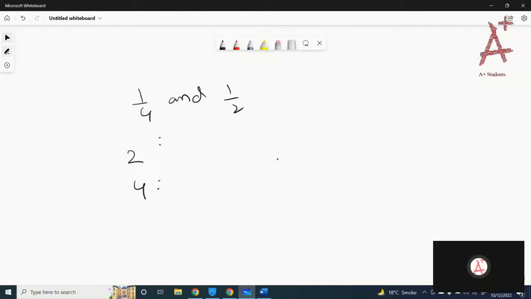For 2 it is 2 times 1. For 4 it is 2 times 2. So this is a common factor. Write it once and the other factors are 2 and 1. So it would be 2 times 2 is 4. That means the least common denominator for 1 by 2 and 1 by 4 is 4. Got it?